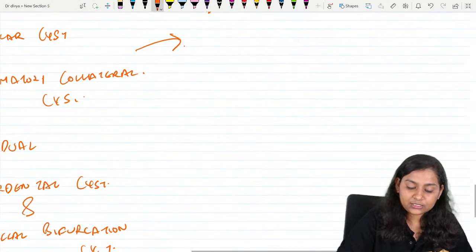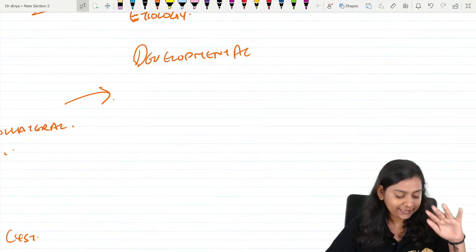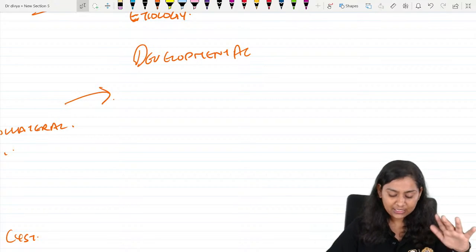Now this classification is very important. In fact, both the classifications, because your direct MCQ question will be based on them.